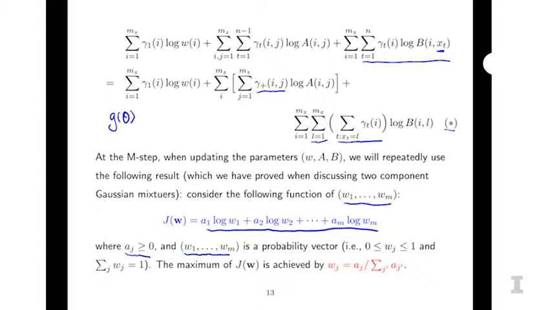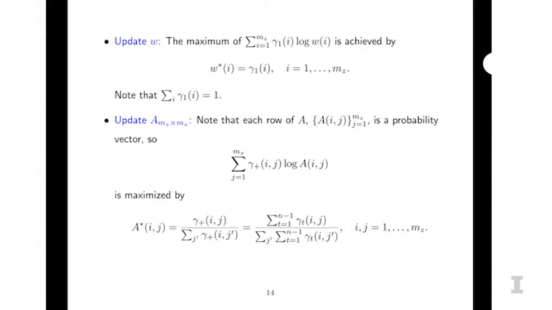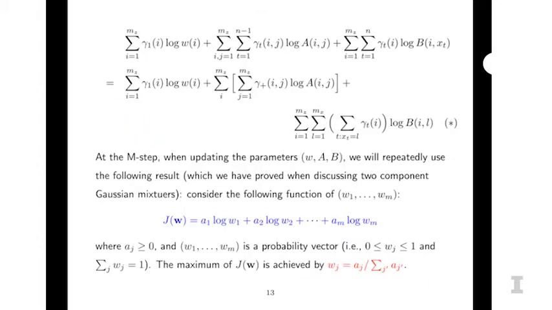And we have shown before that the maximum of this function J(w) as a function of w is achieved by setting this probability w_j proportional to a_j. So w_j is equal to a_j divided by the sum of those a_j primes. Now we can start updating those parameters. First is w. w is the discrete distribution over z_1, and the only term involving w would be this one.